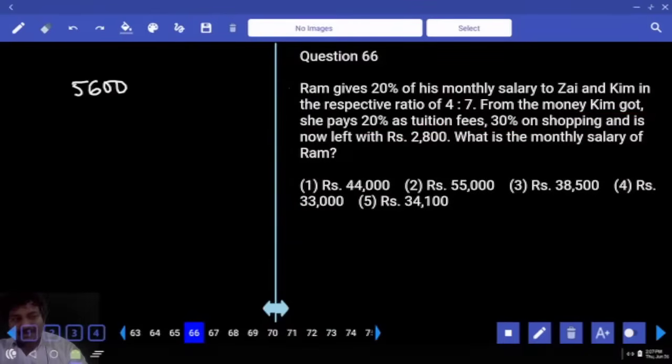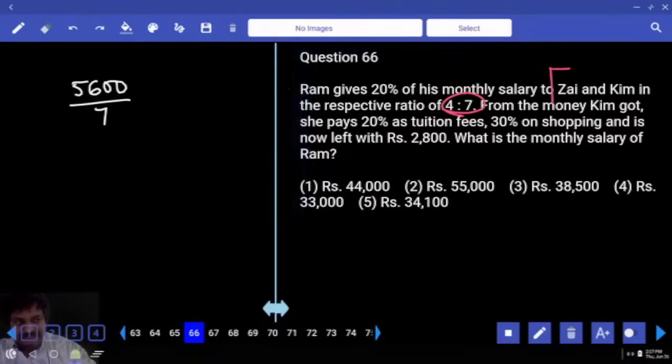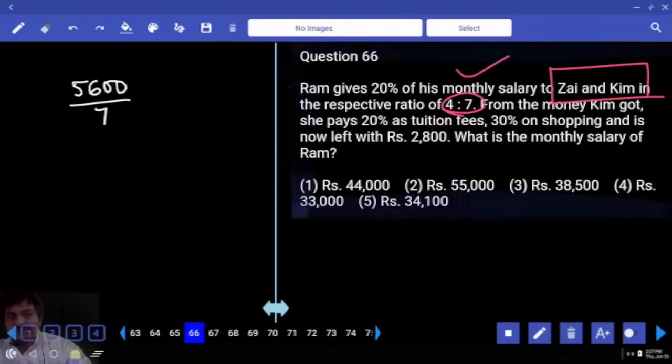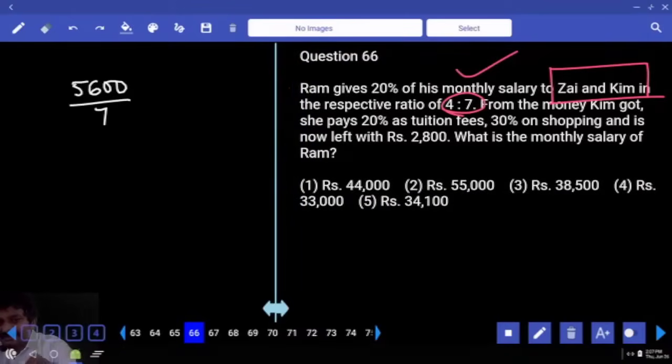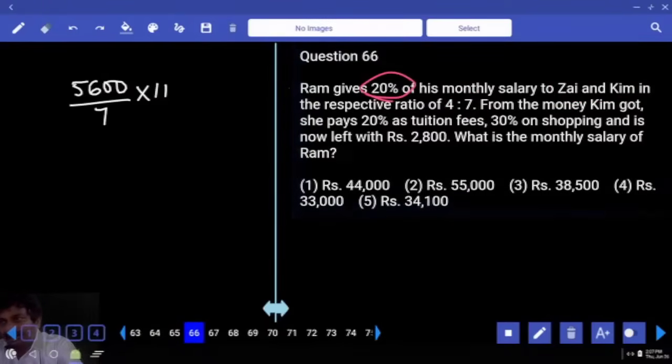In terms of number of parts, how many parts are these? Then one part is equal to 5,600 divided by 7. Money given to Jai and Kim both together in terms of parts is 11 parts, so 11 times one part. This is the total money given to Jai and Kim, which in terms of percentage is equal to 20%.